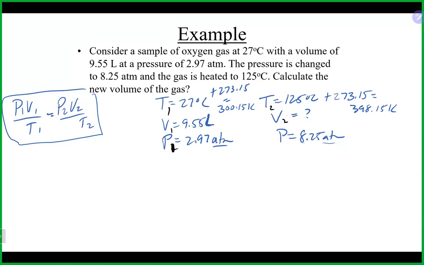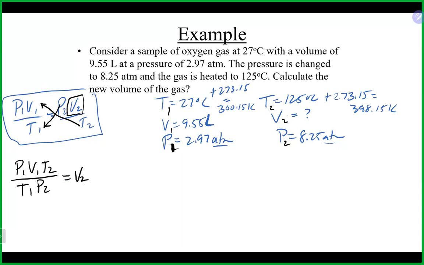Let's go with a one there. There we go. And in this case, V2 is here, so we want to have V2 by itself up on top. So we need to bring the P2 down, and we need to bring the T2 up when it goes across. And that would get us P1 V1 T2 divided by T1 P2 is equal to the V2.